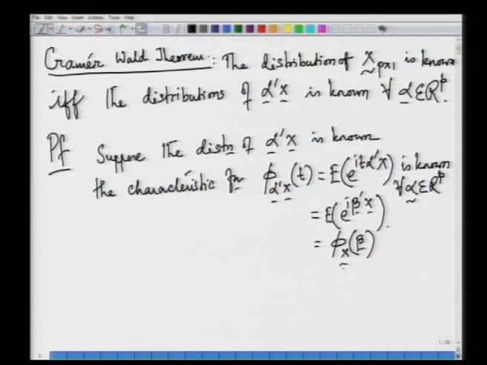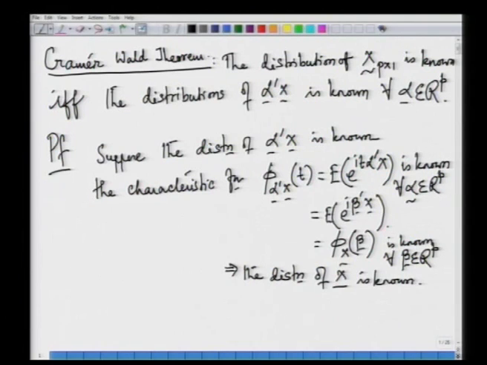Now, since this is a random vector, this also has to be a vector. Now, we have a beta, and this is also known for all beta. And where does beta belong to? It belongs to R p, right. So, if this is known for all beta, then this implies that the distribution of x is known. So, we prove one part of the theorem, that if distributions of alpha prime x is known for all alpha, the distribution of x is also known.